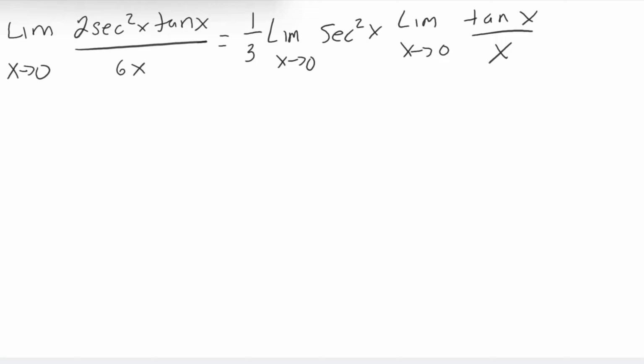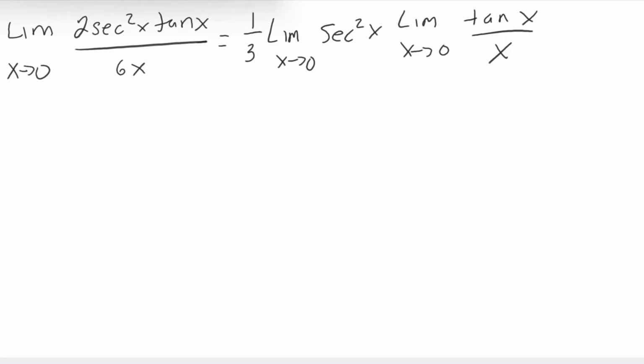And these are the things that, unfortunately, literally just come with practice. When you get to a point where you're stuck, it's like, okay, what else do I want to try? And this would have been messy to do with the product rule. So we have the limit rules, so let's use the limit rules. So I pull out my constant 1/3, and I can break up my multiplication.